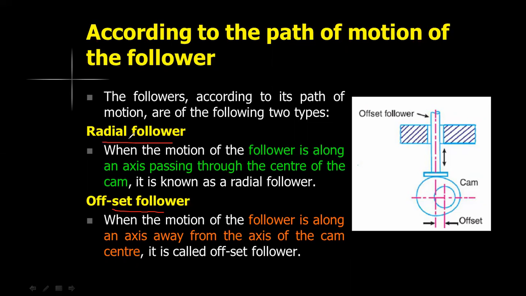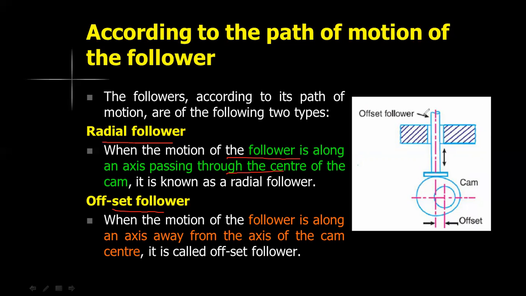A radial follower is one where the motion of the follower is along an axis passing through the center of the cam. So when the axis of the follower and the axis of the cam coincide, it is known as the radial follower.